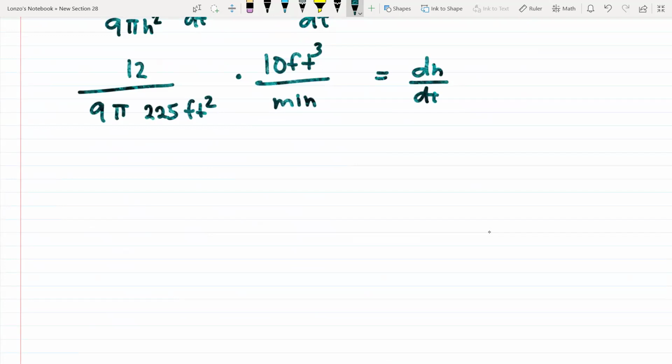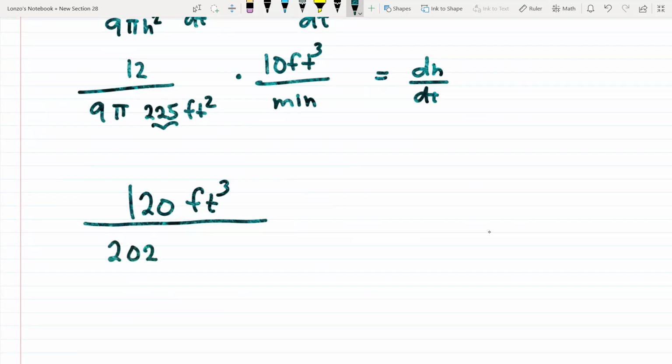Okay, kind of clean this up. So 12 times 10 is 120. 120 feet cubed. And then on the bottom, I know that 225 times 9 is 2025, times pi.